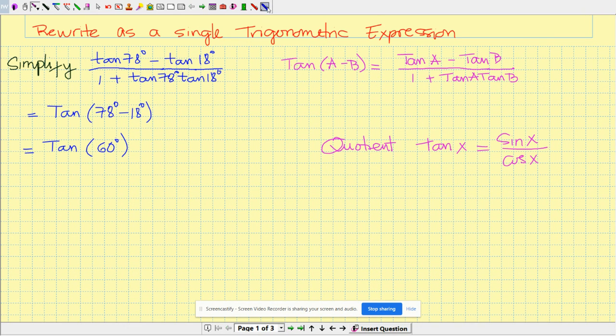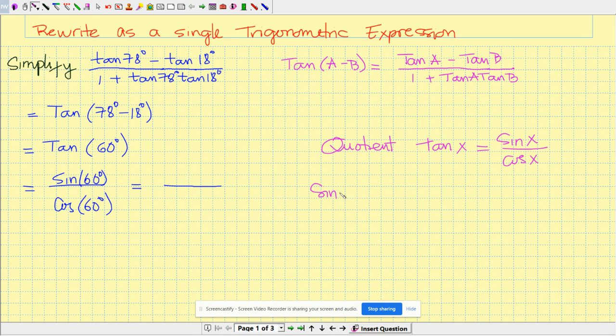So in this case, tangent of 60 degrees, we are going to write as a quotient. So I'm going to write it as sine of 60 degrees divided by cosine of 60 degrees. Now sine of 60 degrees, let's use the unit circle. So I'm going to make a quick note right here for us.